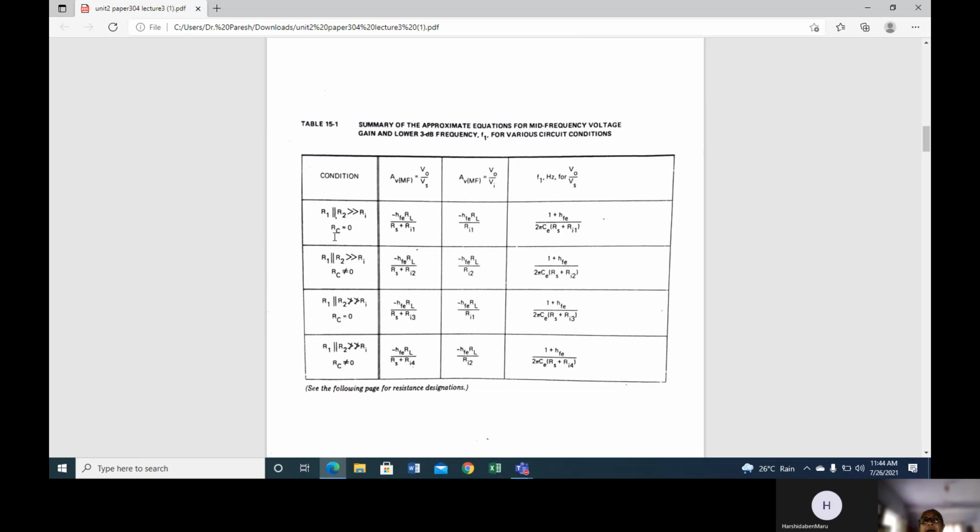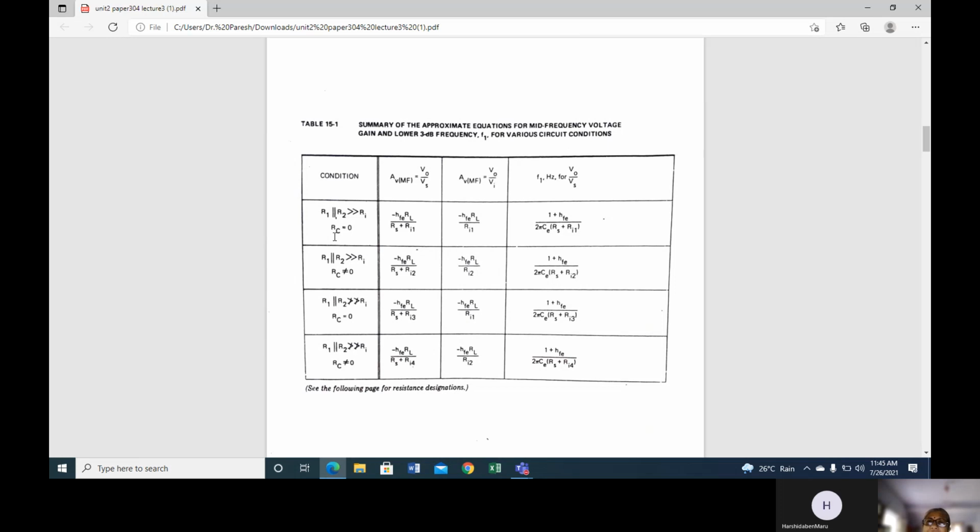As I had told you, an ideal capacitor does not have RC, right? That means RC is equal to 0. We are assuming that the capacitor is ideal, but in practical capacitors, there is a series resistance.